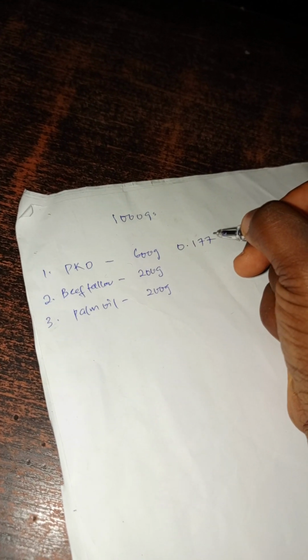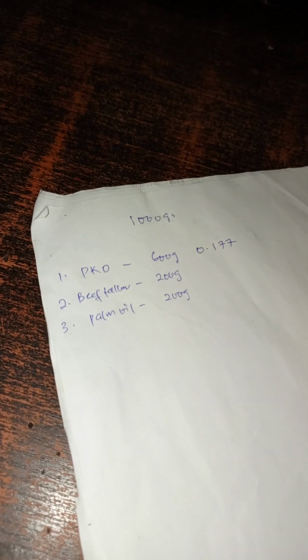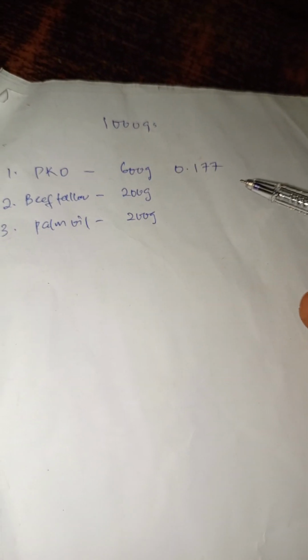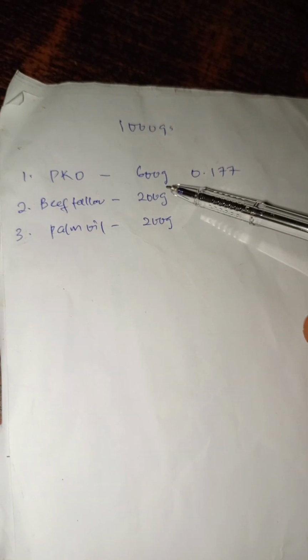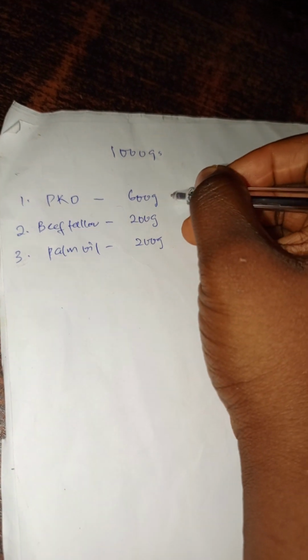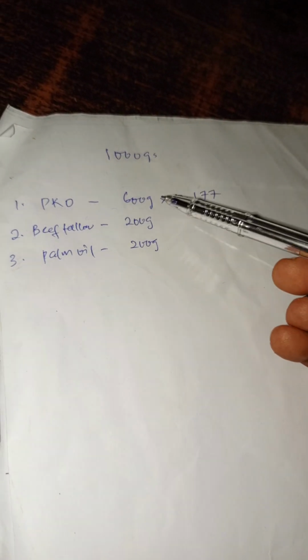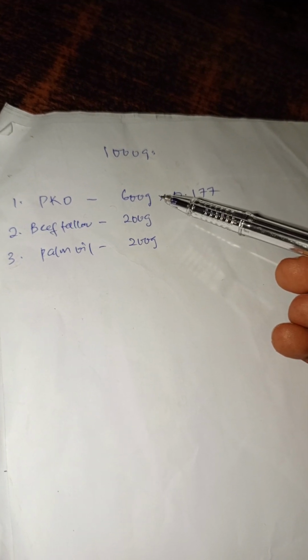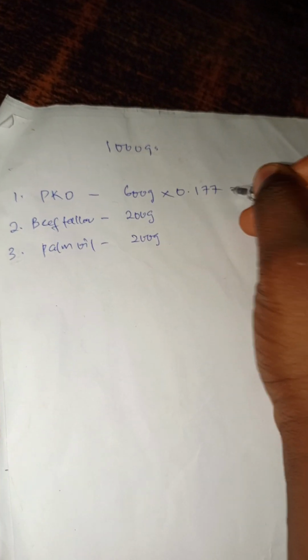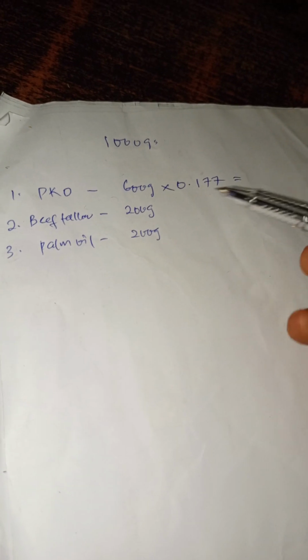Now you say, how do you know the amount of caustic soda to use to dissolve the 600 grams of oil? What you have to do is multiply it. You say 0.177 times 600 grams. What you get will be the amount of caustic soda you use to dissolve these 600 grams.